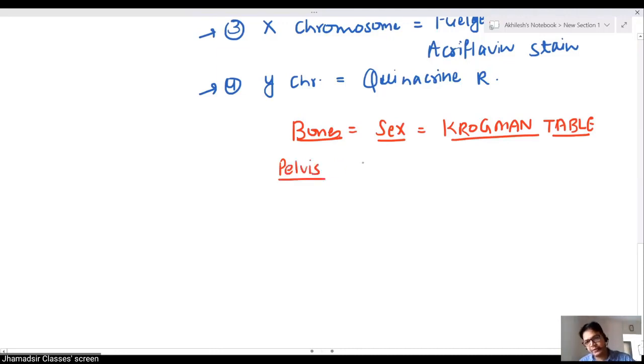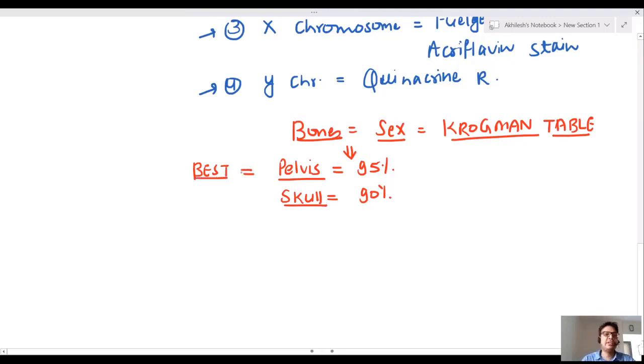If you have the pelvis bone, you can differentiate sex in 95% of cases. If you have the skull bone, almost 90% of cases. So the pelvis is the single best bone for sexual differentiation. But if you have the complete skeleton, you can differentiate in 100% of cases.